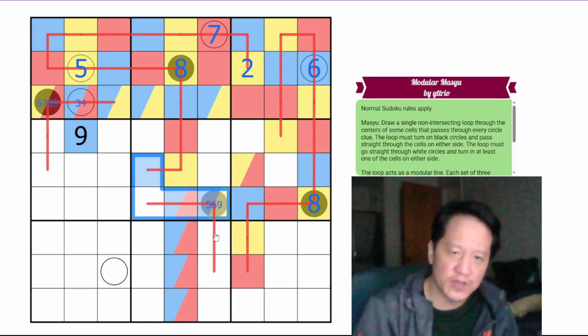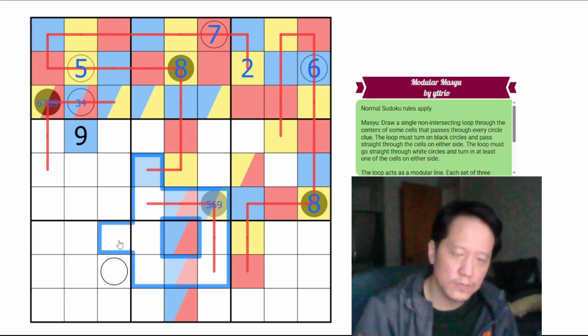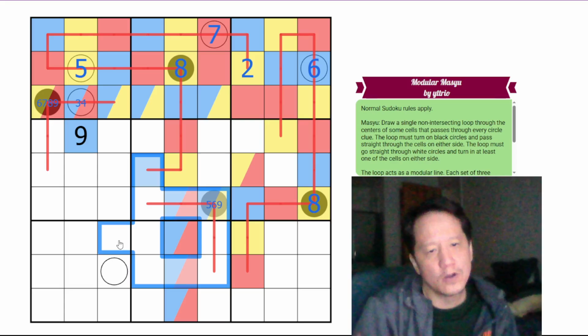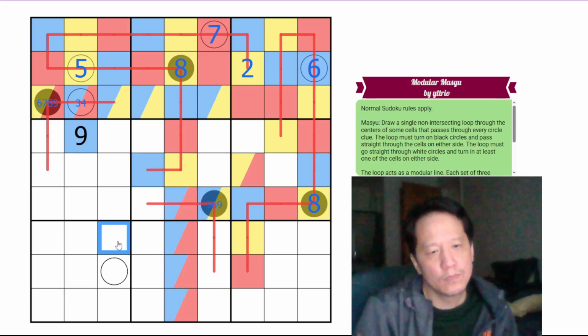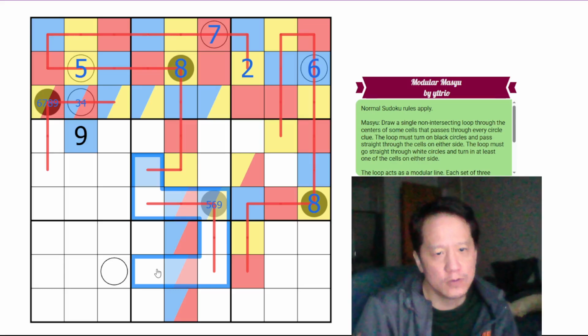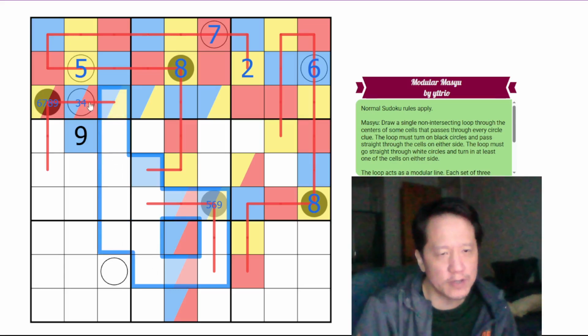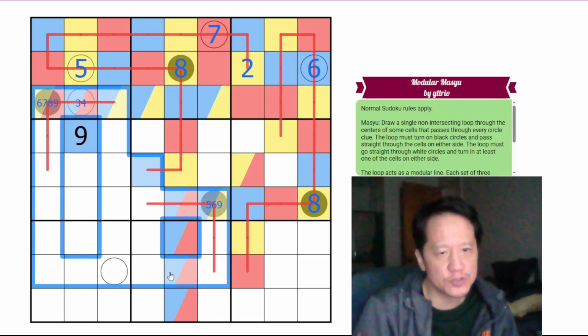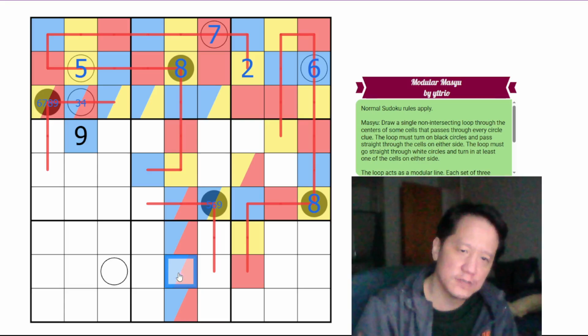So what happens if it connects that way? Well, if it connects here, this has to go around here to connect to here, so that this connects here. But then this cannot go straight through, if that's the case.